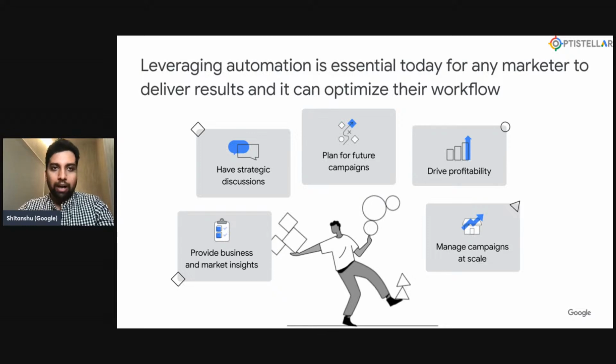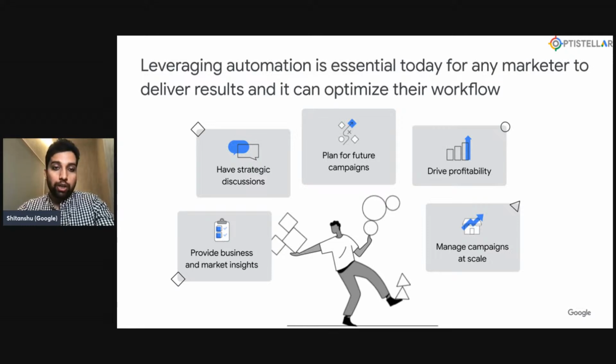Now, if I talk about a marketer on the other hand, someone who manages these accounts, someone who runs these campaigns, we need to juggle between a lot of things. We have multiple priorities to solve for. One of them is providing business and market insights to our customer and our manager. We also have to make strategy and have those strategic discussions with our manager and our client. We also have to plan for future campaigns.